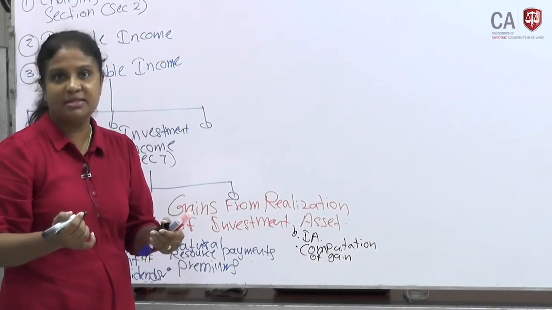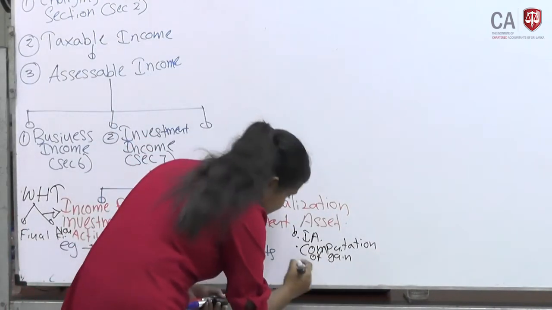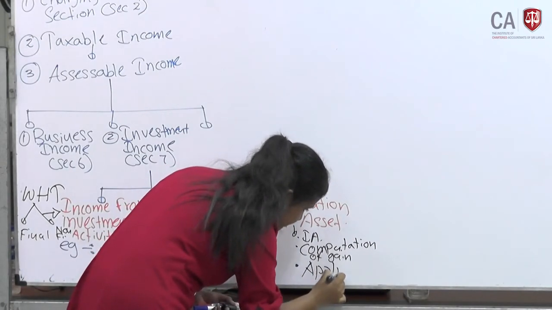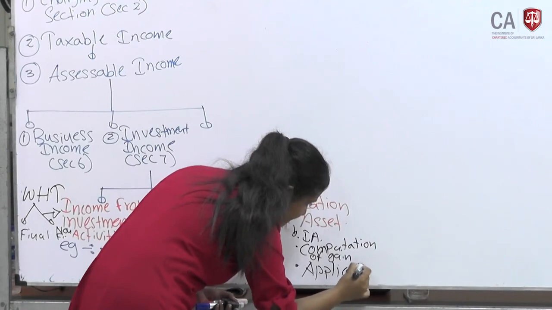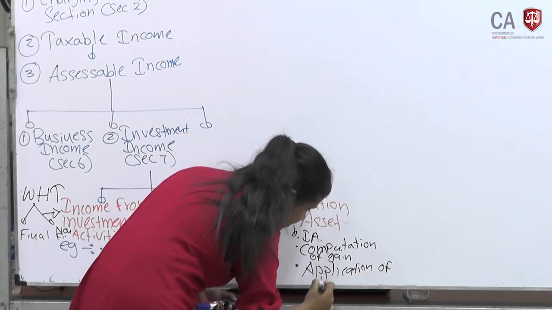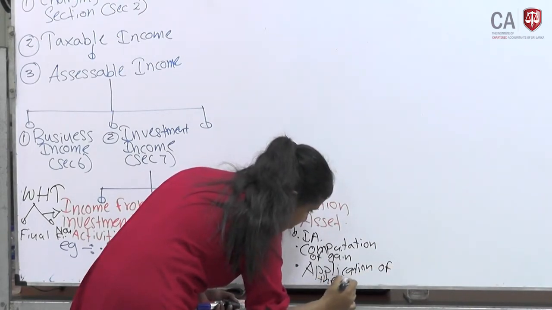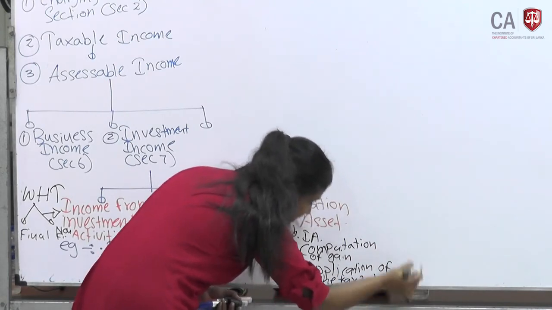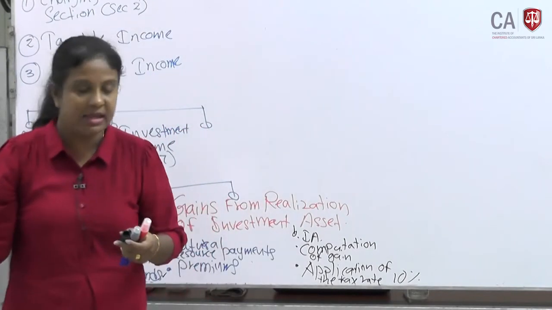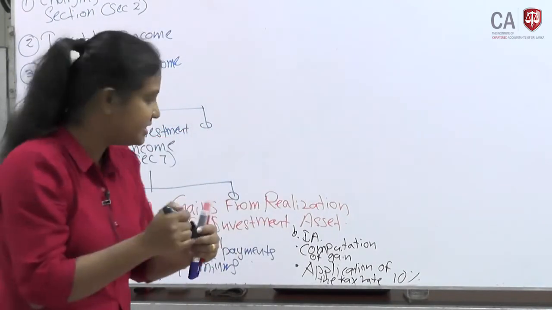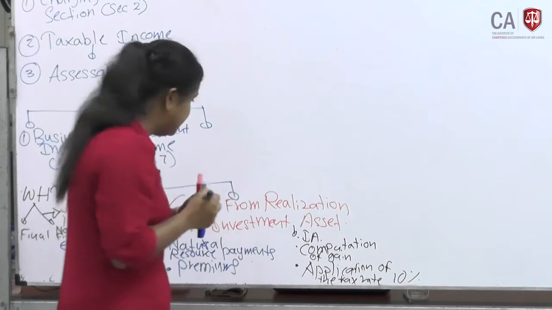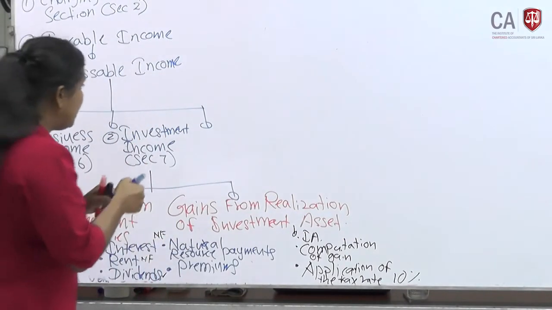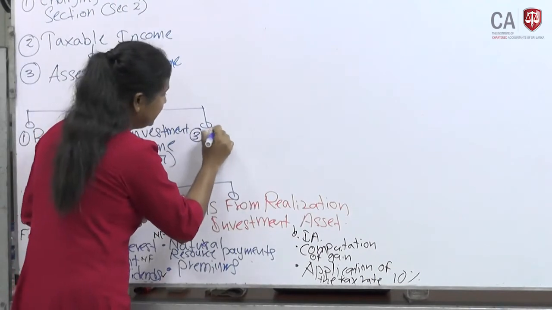After the computation of gain comes the application of the tax rate, which is 10%. The different tax rates apply to the taxable income. Okay, then investment income.